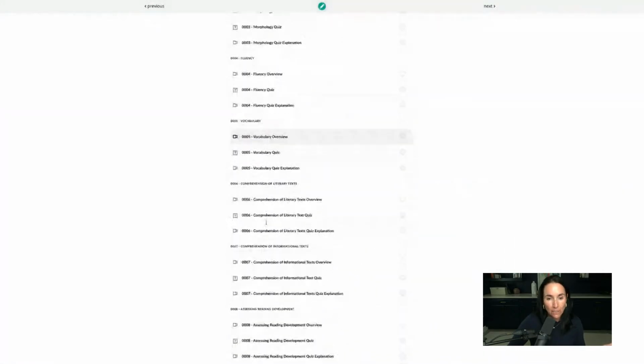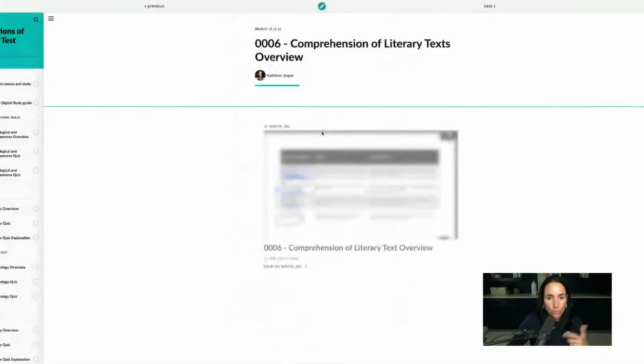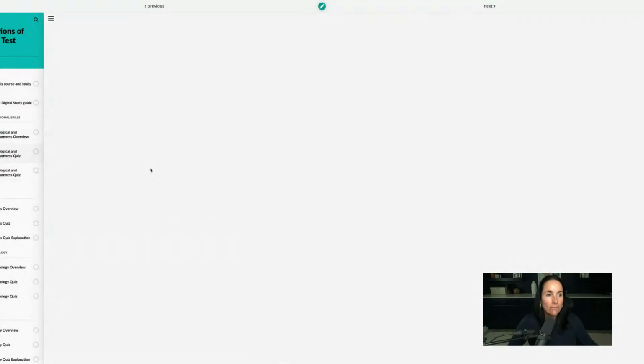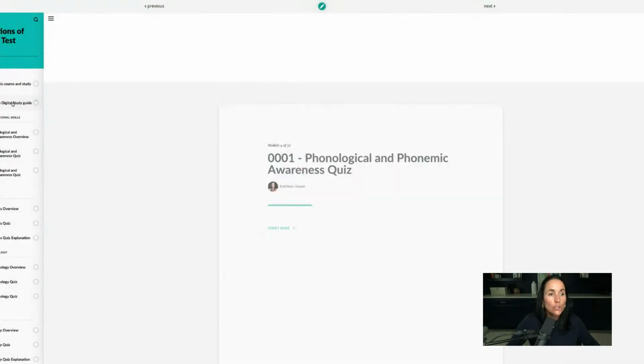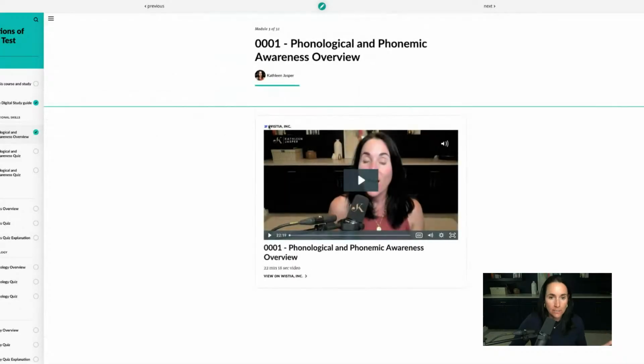This one's much bigger. This is a slightly bigger test. It's broken up, but you can see we're working through everything here. And then there are quizzes that you do, and everything follows the book. Also, you get the digital download of the book in the online course. So when you buy the online course, you basically get everything, and you can listen to these videos too.